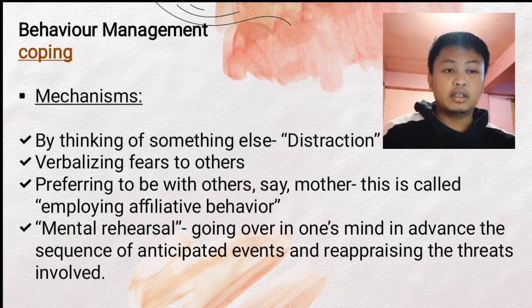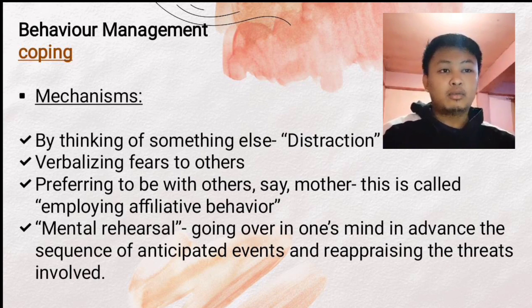It can be anyone else that is part of your support system. Lastly is mental rehearsal, wherein you go over in your mind in advance to reappraise the threats involved. It's like conditioning your mind to the possible threats that may happen so that when it actually happens, your mind and self will be prepared already.